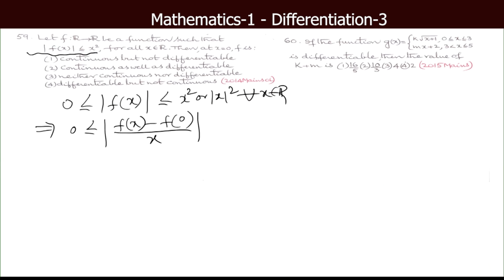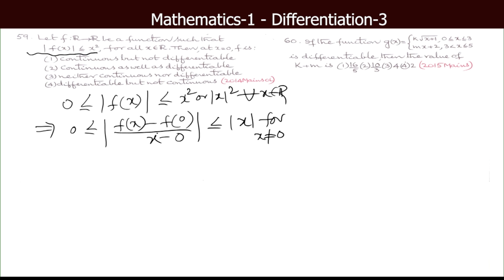Now I am dividing this throughout by mod x. When you divide this by mod x, mod f(x) by mod x is mod of f(x) by x. That is written as mod of (f(x) minus f(0)) by (x minus 0), less than or equal to mod x for x not equal to 0. Follow? Because this is the Newton quotient for f at x equal to 0.